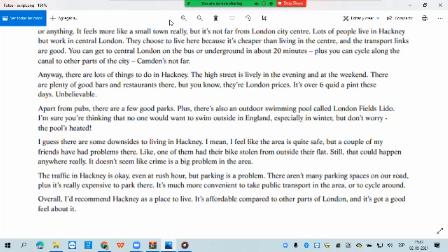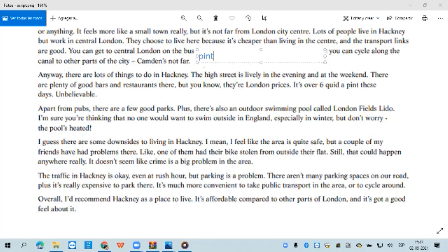So here we have two words. One is pint. The translation in Spanish is pinta, but it doesn't say anything. Pint is una chela, but it's the quantity. I don't know if it is exactly the same quantity, but it's more or less the same.